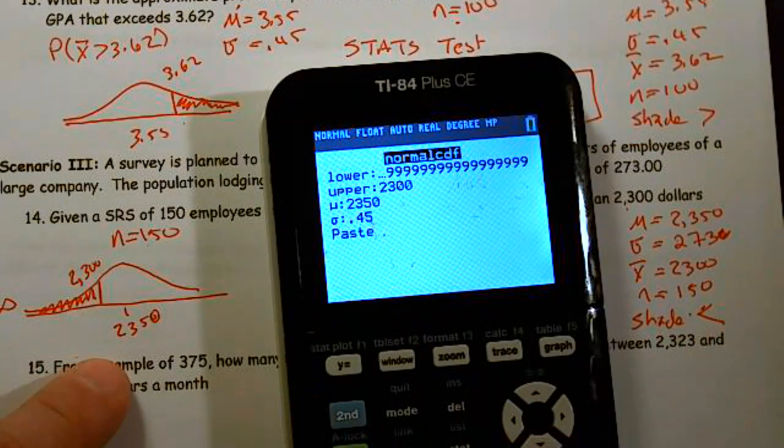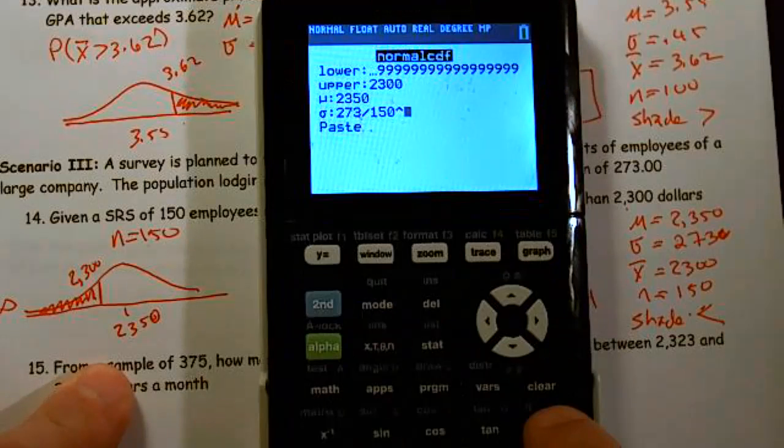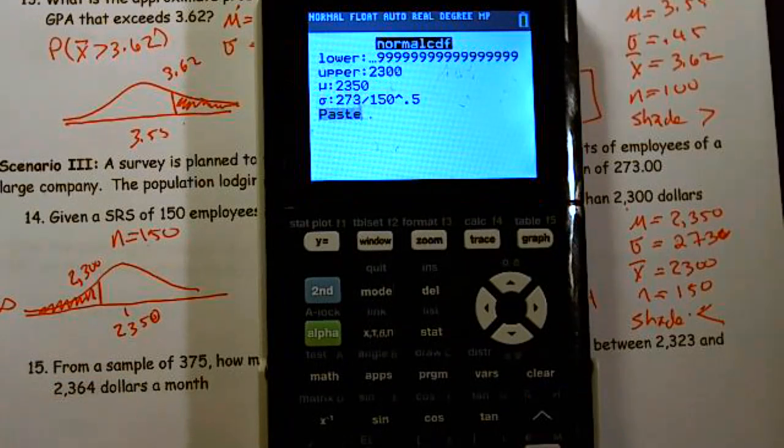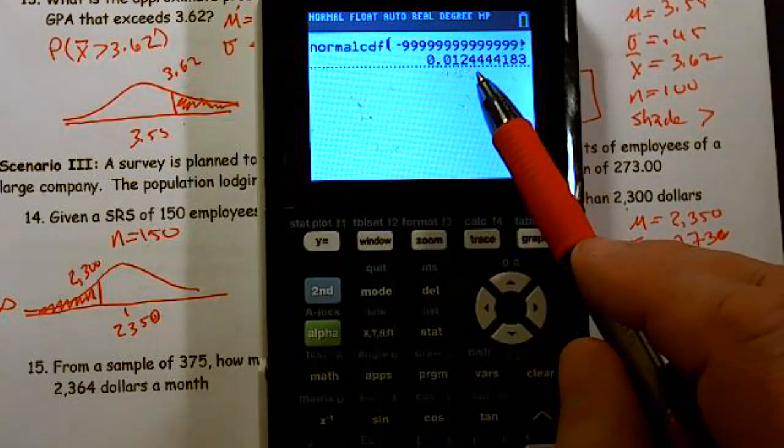Now be careful with your standard deviation, all right? Because you have to account for that sample size. So it's 273 divided by 150 caret, this is the caret button right here, 0.5. And if we do that, we should get exactly the same answer, and we do, 0.01244.